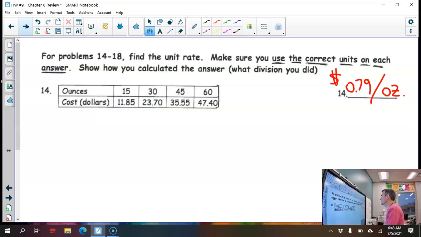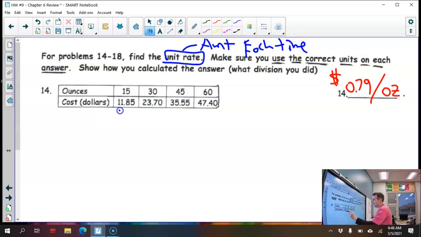All right, so now we are finding the unit rate. So the unit rate is just the amount each time, right? It's how much the y goes up each time. So in a table, I would figure out how much the y is going up, but in this case, it's going up 1185 for each x, and the x's went up by 15.